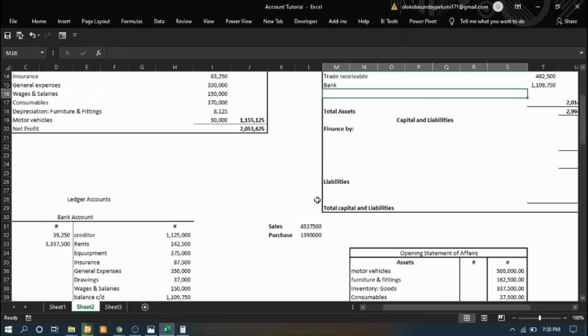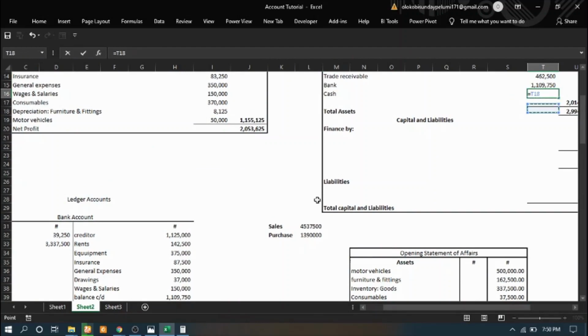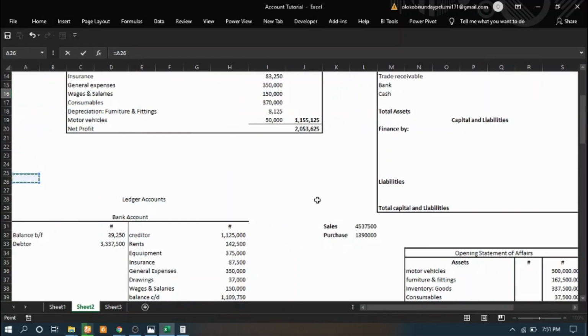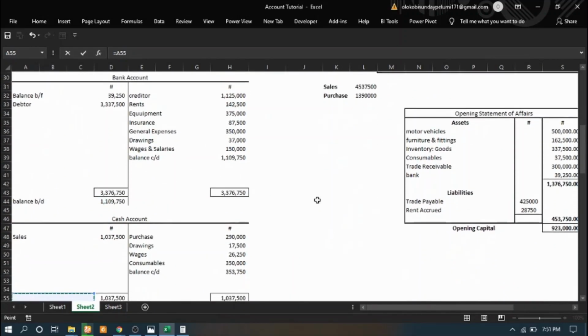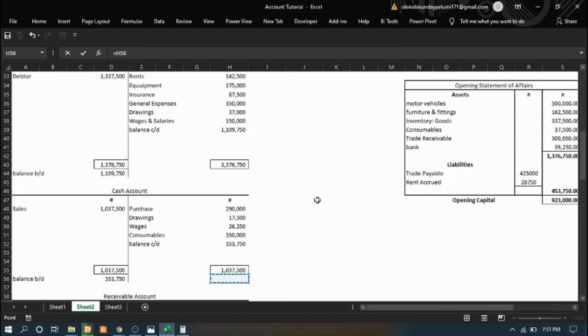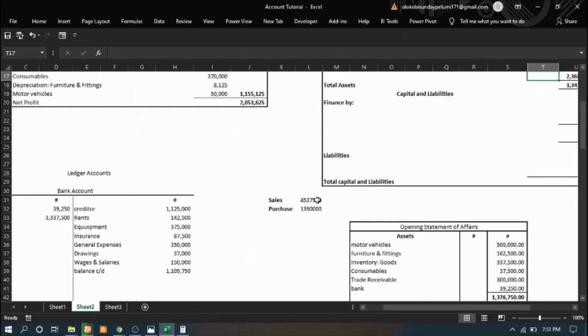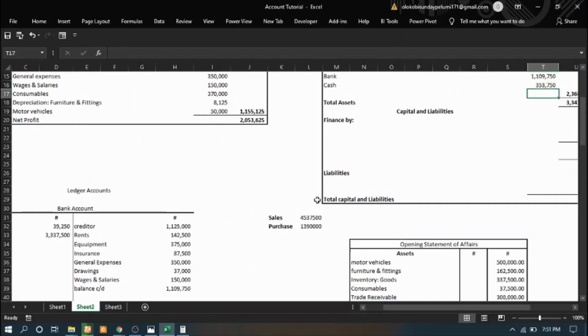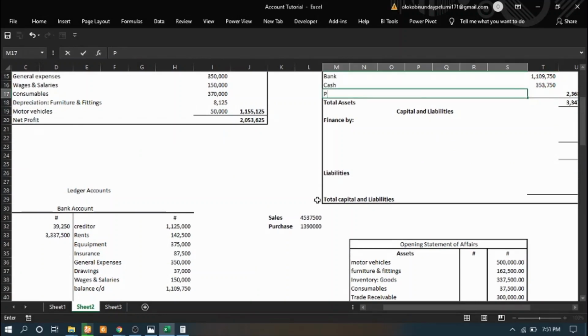Alright, so we have cash. The closing amount of cash in the period. So this is the amount of cash at hand. And as well, we have prepaid insurance.